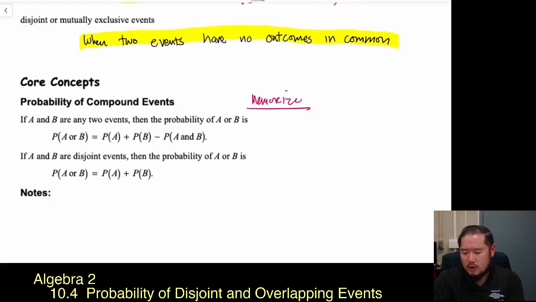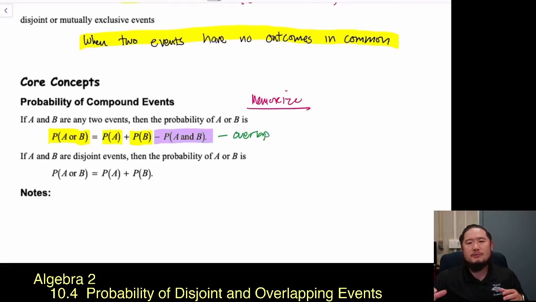In the first one, it says if A and B are any two events, then the probability of A or B is equal to the probability of A plus the probability of event B, minus the probability of A and B. This would be the overlap, and I'm going to go ahead and put right here, overlap.